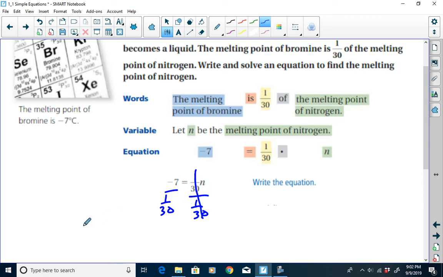So I'm left with negative 7 divided by 1 over 30, which becomes negative 7 times 30 over 1, which winds up being negative 210 is equal to N. All right, and we're talking about degrees here. So it's negative 210 degrees would be the melting point of nitrogen.